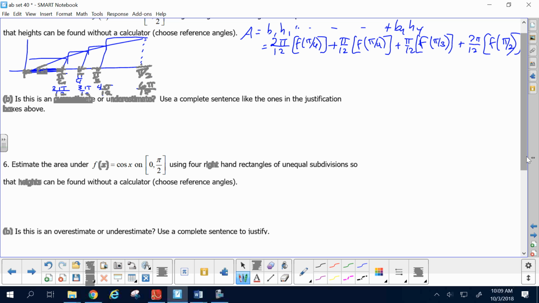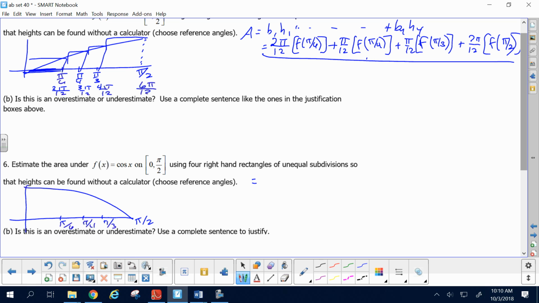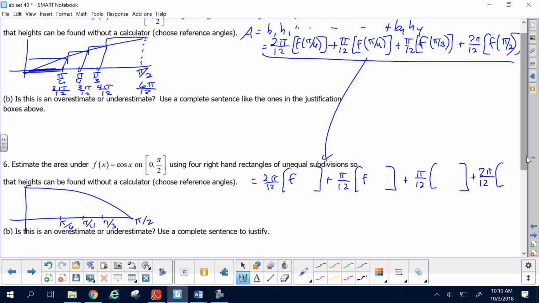Now the good news is for 6, it's going to be a lot of the same work. For 6, I know it's cosine, but the bases and the reference angles are going to all be the same. Again, the first base is 2 pi/12 times the height plus pi/12 times the height plus pi/12 times the height plus 2 pi/12 times the height.